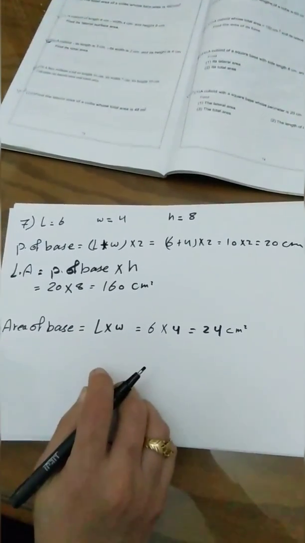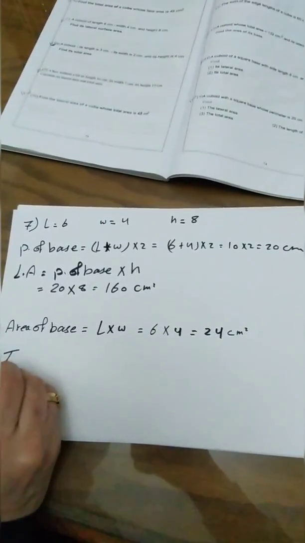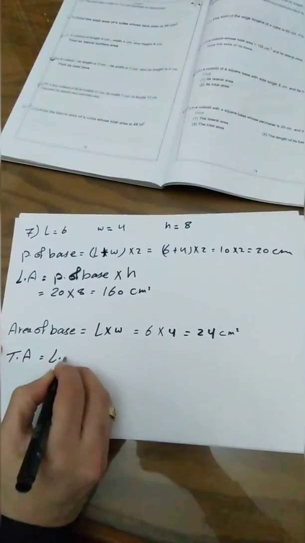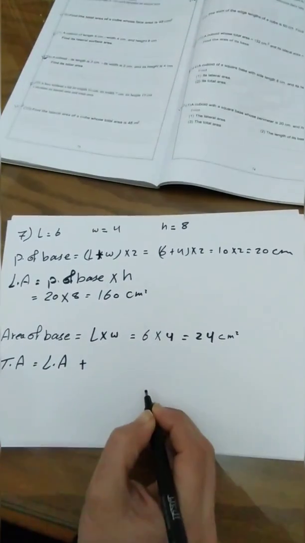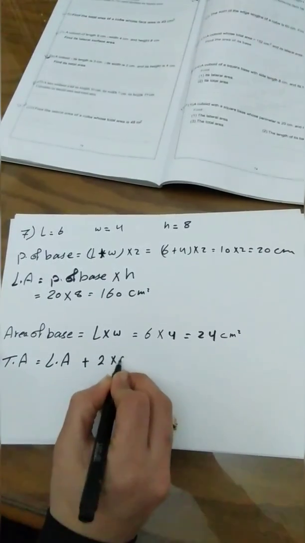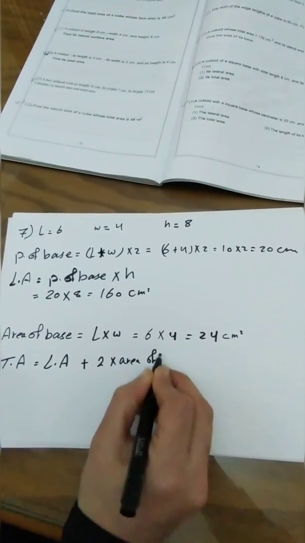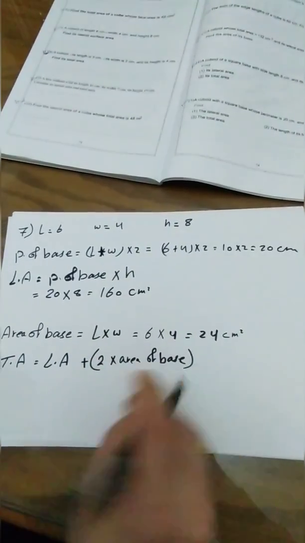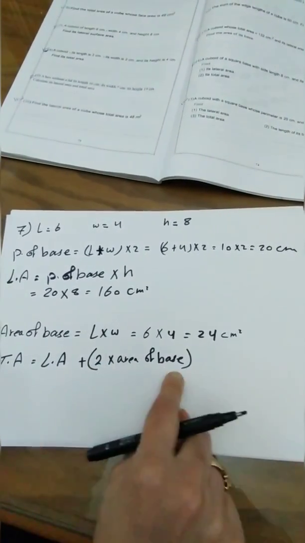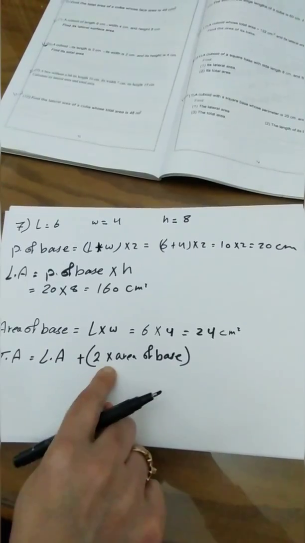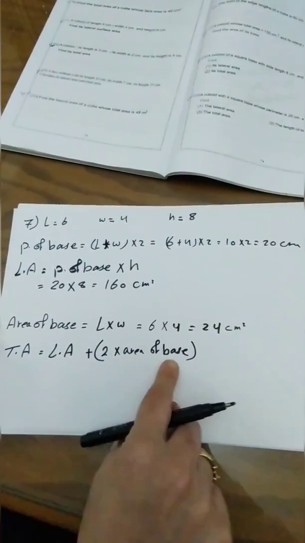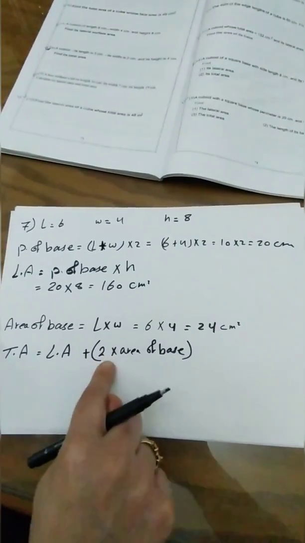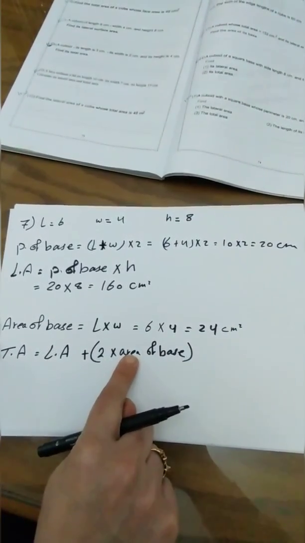Now easily I can find the total area equal lateral area plus 2 times area of base. This means the area of 2 bases: 2 multiplied by the area of 1 base will give me the area of 2 bases.